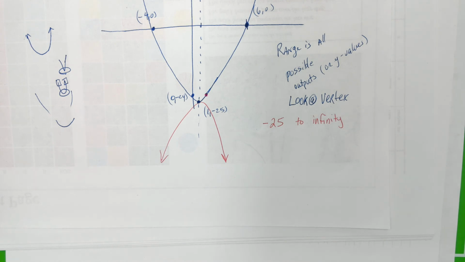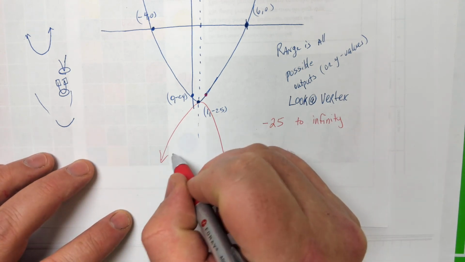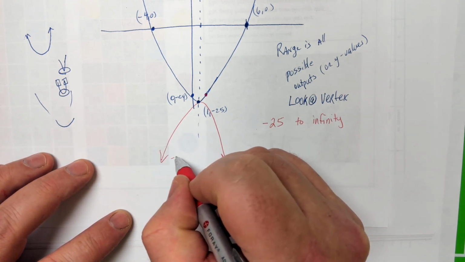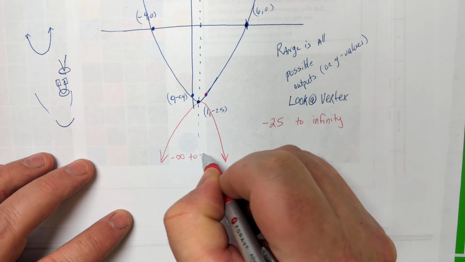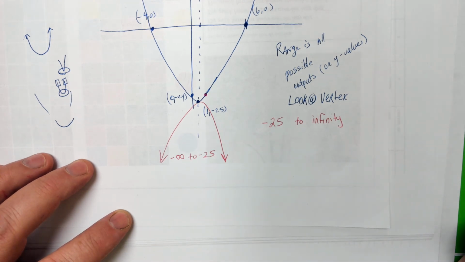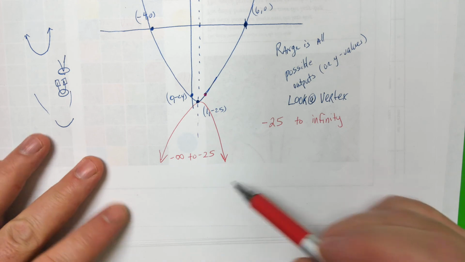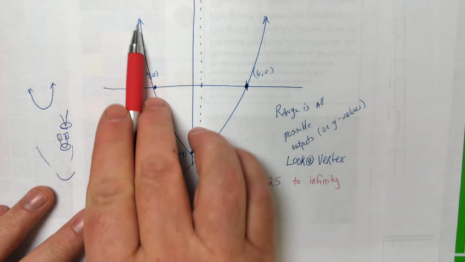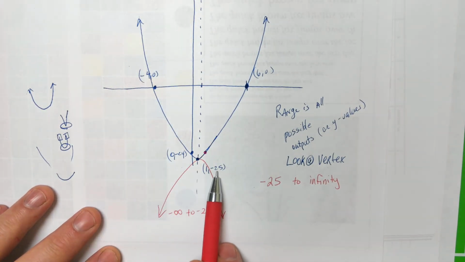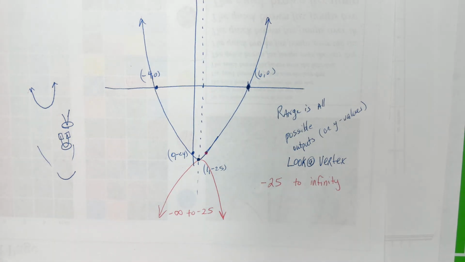So in red right here, it would be negative infinity to negative 25. But our graph is not this. Our graph is from negative 25 to positive infinity, because it's going up.